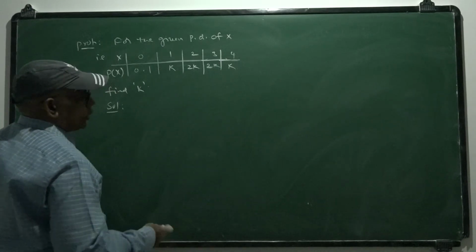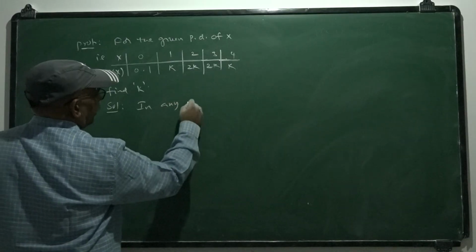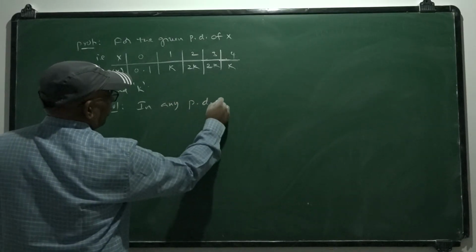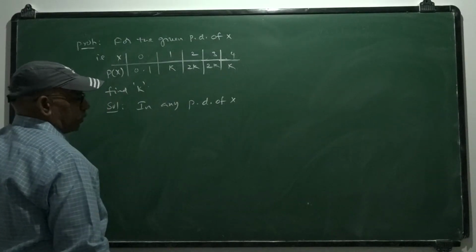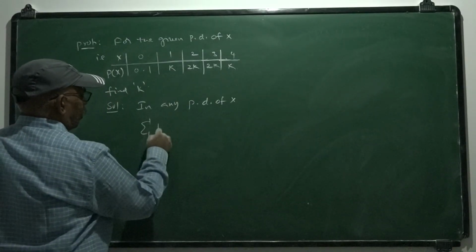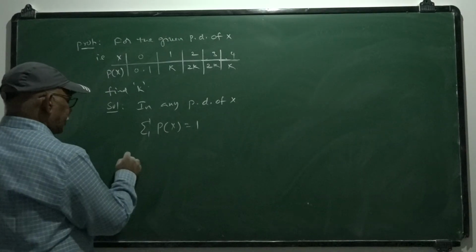In any probability distribution of x, a random variable, the sum of the probabilities is always equal to 1.